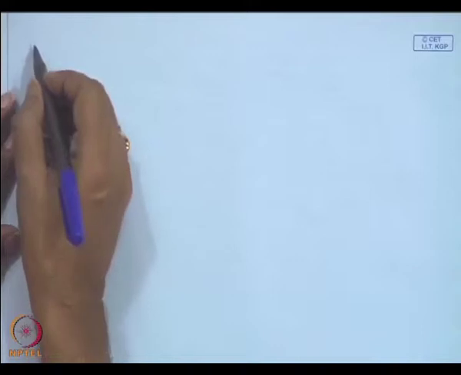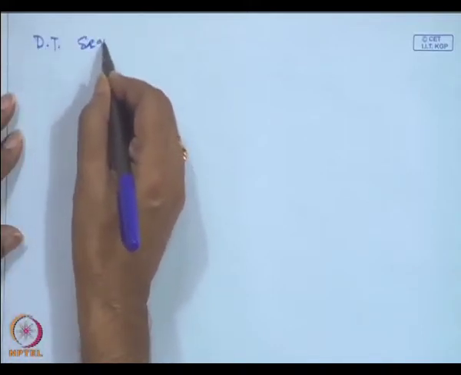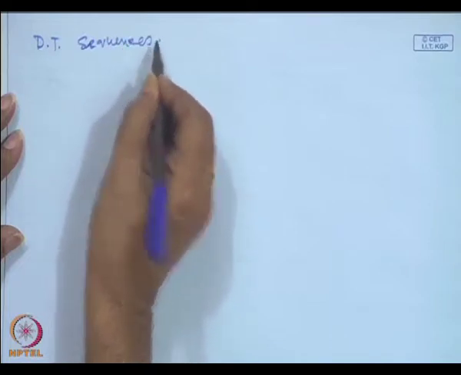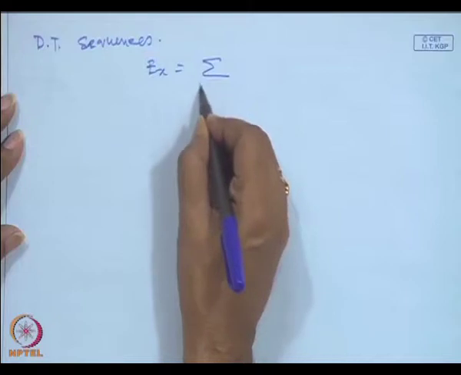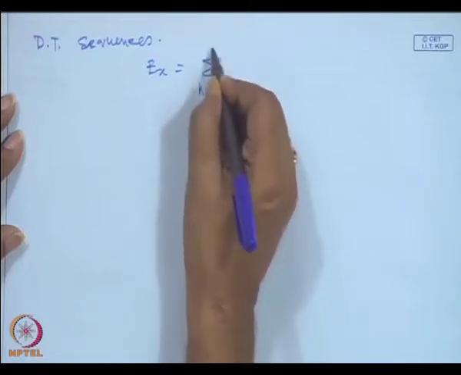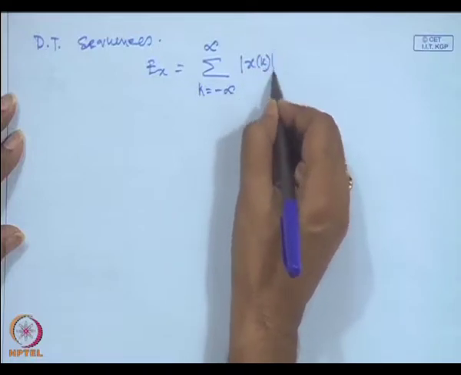So, similarly in the discrete time case, for a discrete time signal or sequence, E of x is equal to the summation over k from minus infinity to plus infinity of mod of x of k whole square.